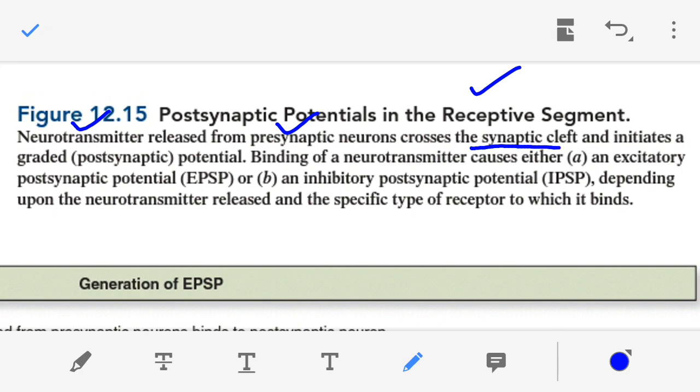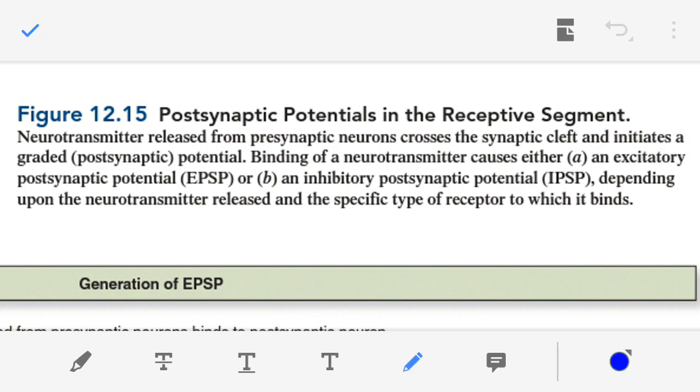They cross the synaptic cleft and join with the receptor. Receptors are present in the plasma membrane of the postsynaptic neuron, and when the neurotransmitter binds with the receptor, it initiates a graded potential in the postsynaptic neuron.